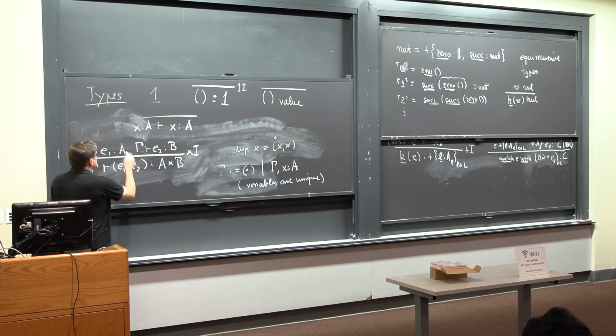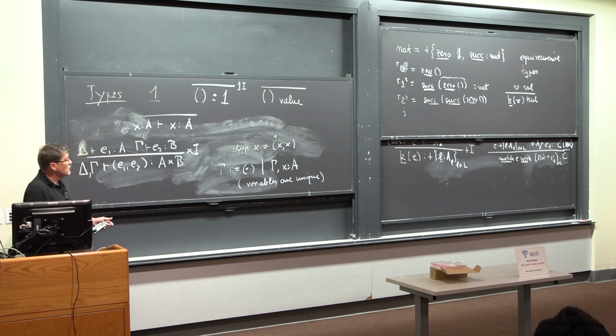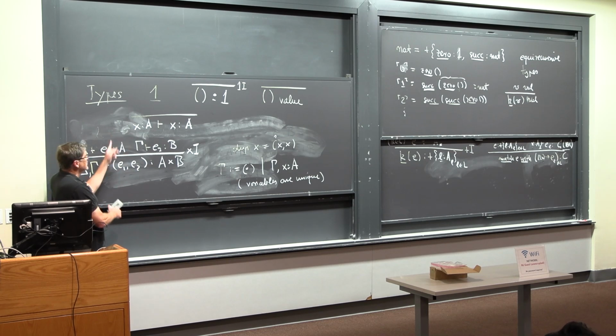Okay, and this is a shorthand for saying in the empty context, I have only one thing. Why is it only one thing? If you allowed other things here, you wouldn't be using them because you only use x. So there cannot be anything else here. Everybody see that? If I left another variable here, then it would be illegal.